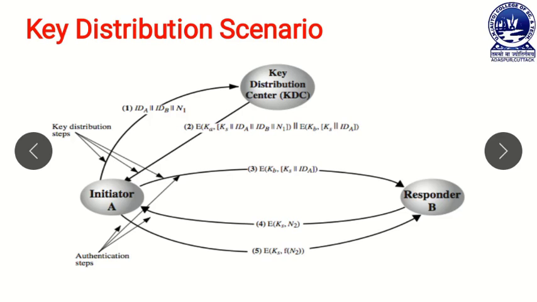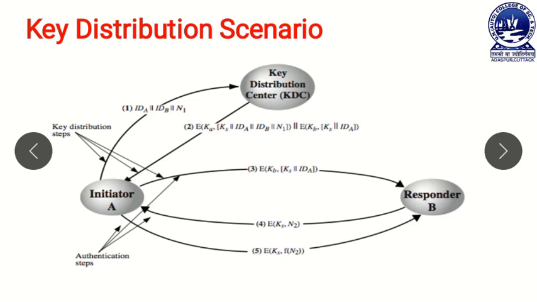Here, when the KDC gets the request from the initiator or the sender A, the KDC sends a reply to the initiator A. Here the KDC responds to the initiator A with a message encrypted using the key KA, which is a secret key shared between the initiator and the KDC.